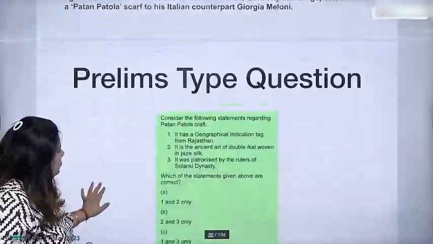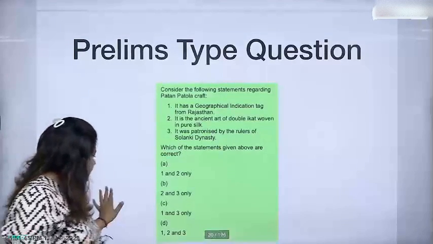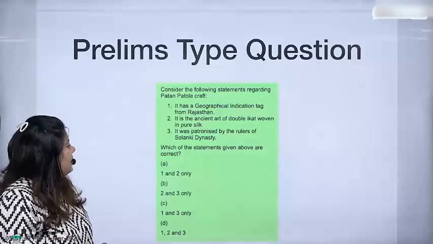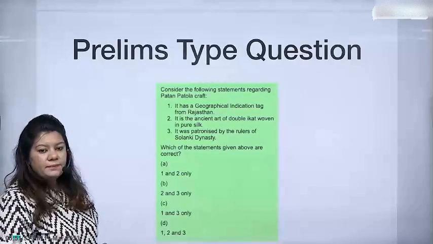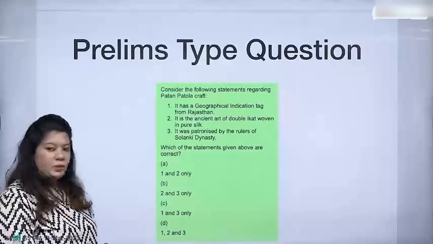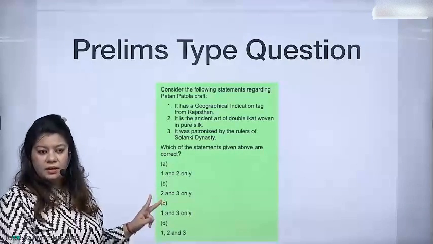This is a practice question from the topic which we have done. Try to solve this question. Patan patola craft. It has a GI tag from Rajasthan. There are two facts being checked.